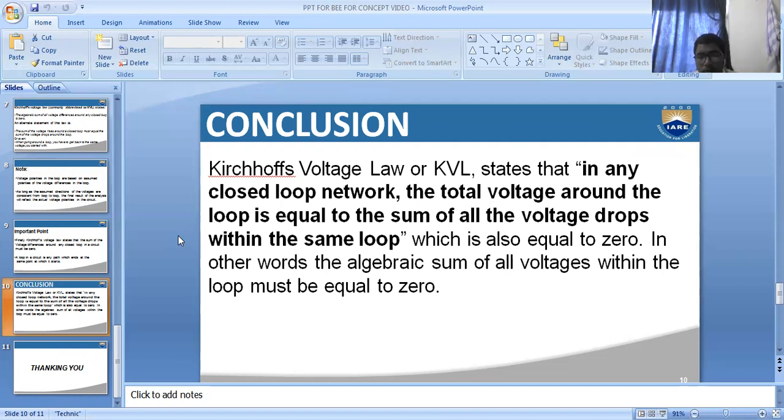Then we will find the values of voltage drops and voltage rises. Those must be equal, and there will be nothing to change in them.